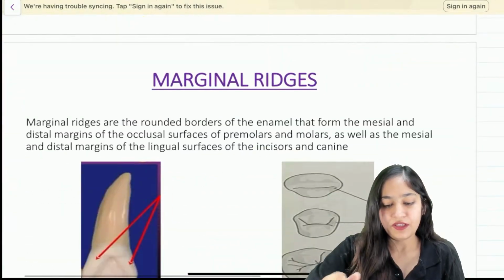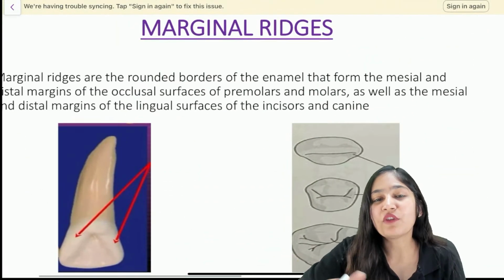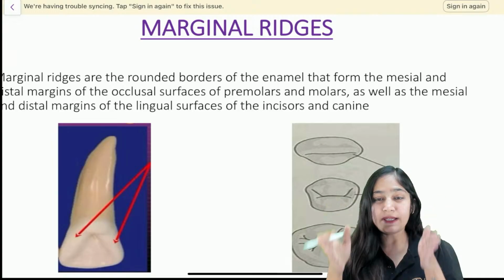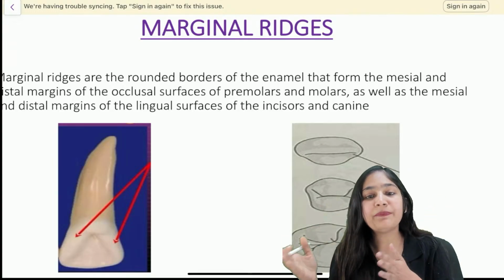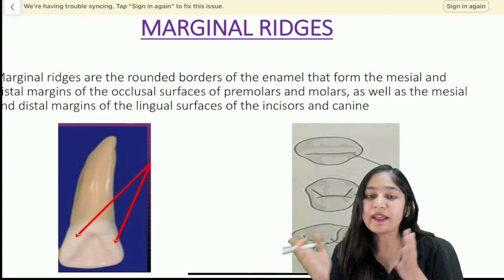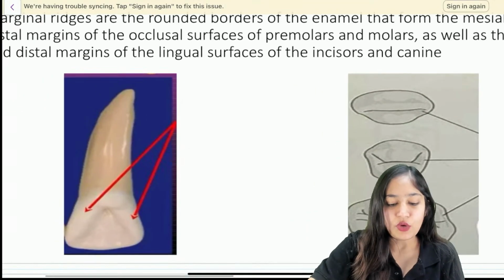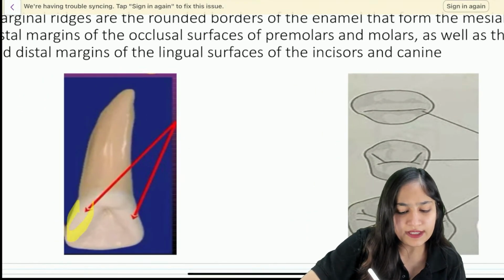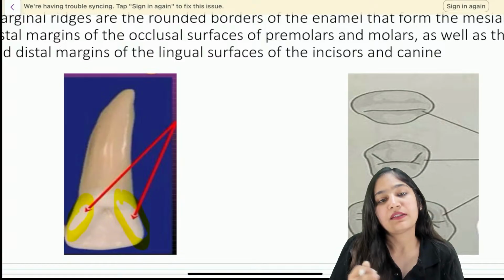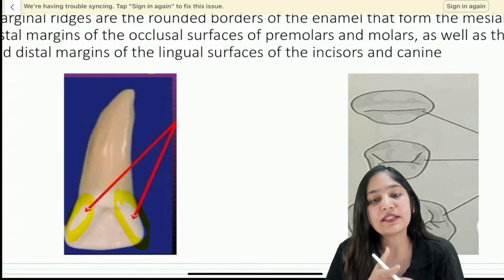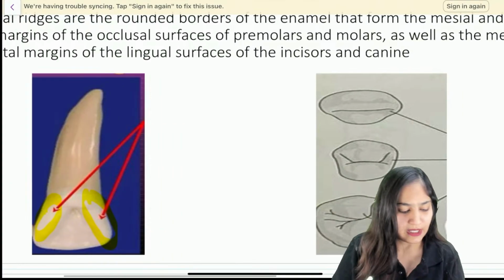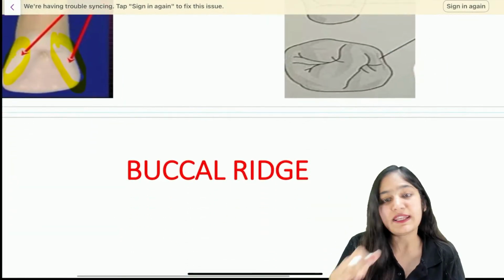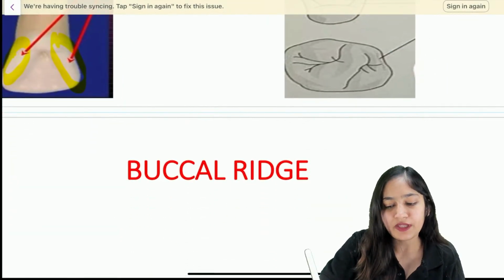right? Next option was marginal ridges. Marginal ridges are mainly present at the margins near the mesial aspect and the distal aspect surrounding the fossa. In incisors you can see here mesial. On the mesial side it will be mesial marginal ridge, on the distal side it will be distal marginal ridge. Same way on the occlusal surface also.